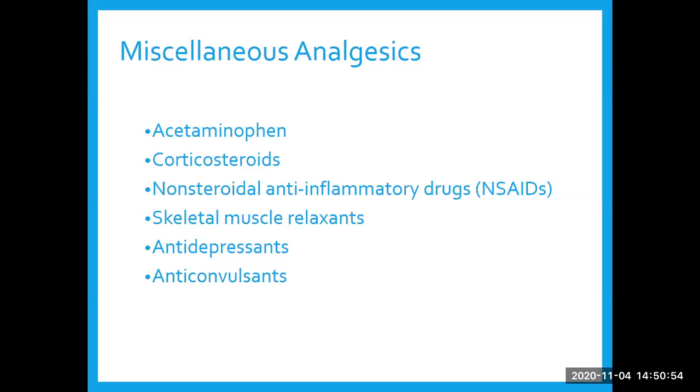You see medications like Flexeril and Robaxin. Once it relaxes, it relaxes everything, so you want to tell the patient, if they're driving or anything, to be careful when they're taking these drugs because they have a CNS effect on the central nervous system.